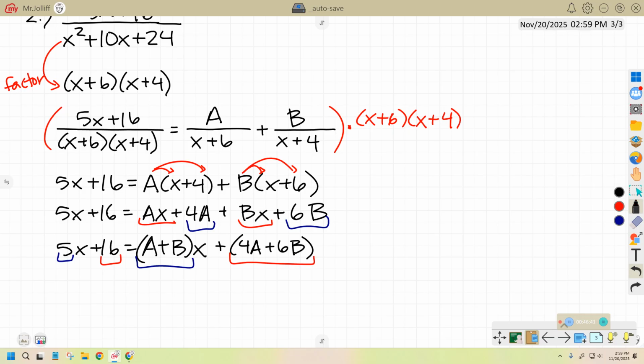And I think that's where Gerardo was headed. So 5 equals a plus b, and 16 equals 4a plus 6b.